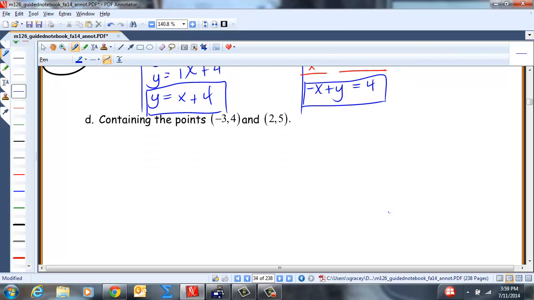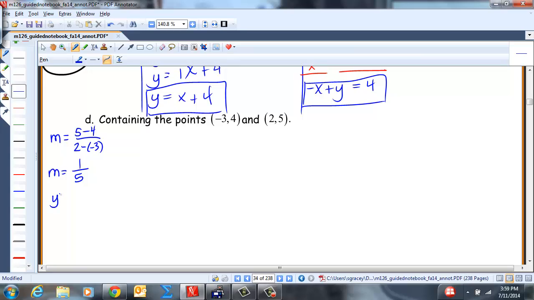We've been given two ordered pairs, so let's start by finding the slope. So m equals 5 minus 4 over 2 minus -3. So our slope is 1/5.